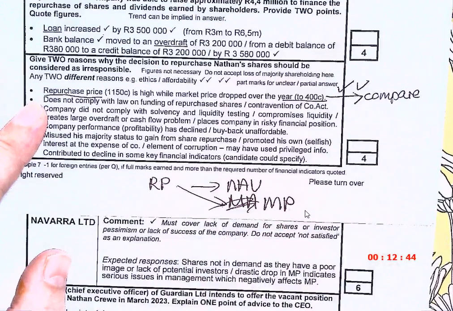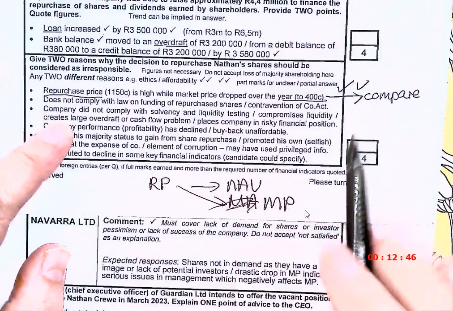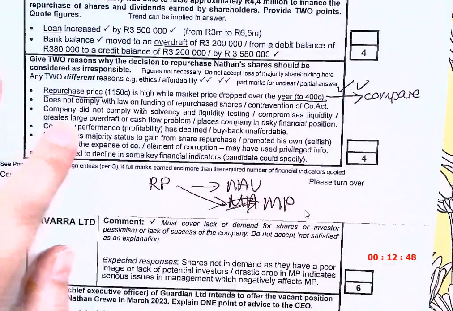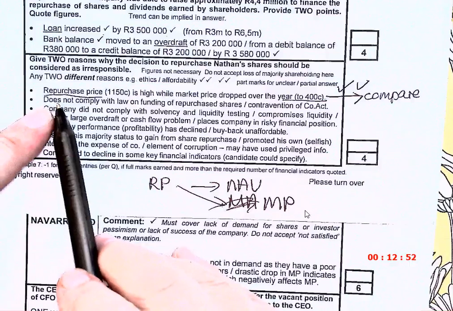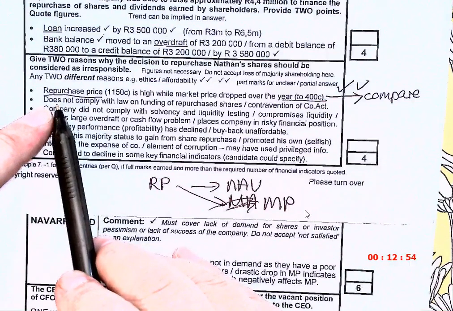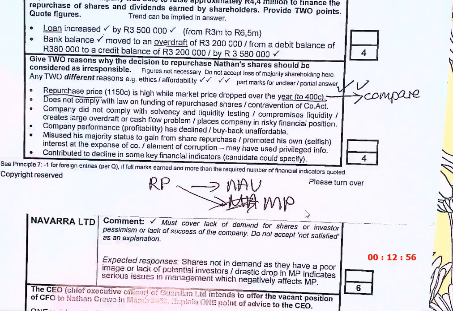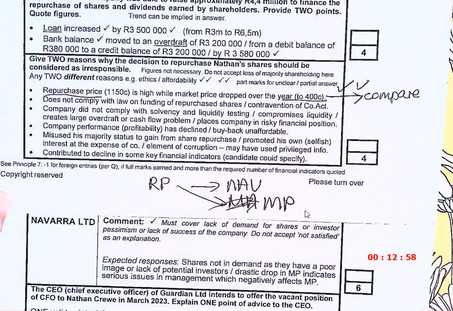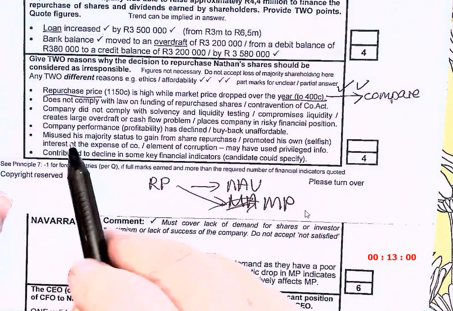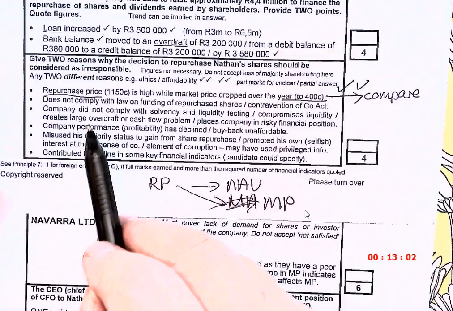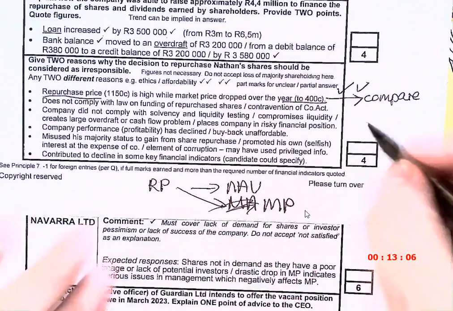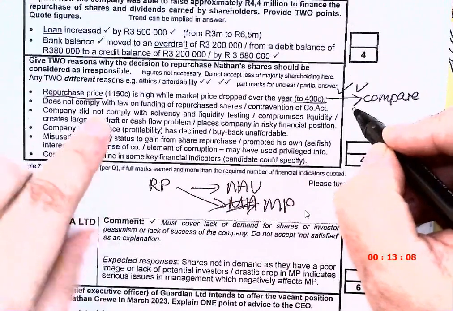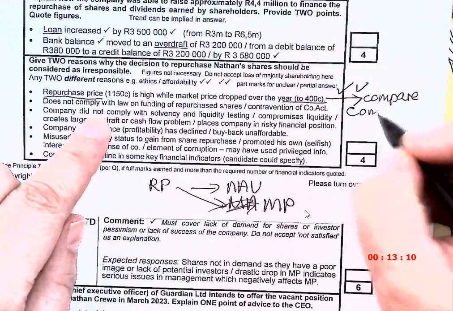So now you've done the NAV. I'm also tired, I'm sorry. Let's quickly see. Now, these figures aren't necessary. So, look here, it does not comply with the law on funding repurchase. You don't have to write that. You can just say, it does not comply with the company law.